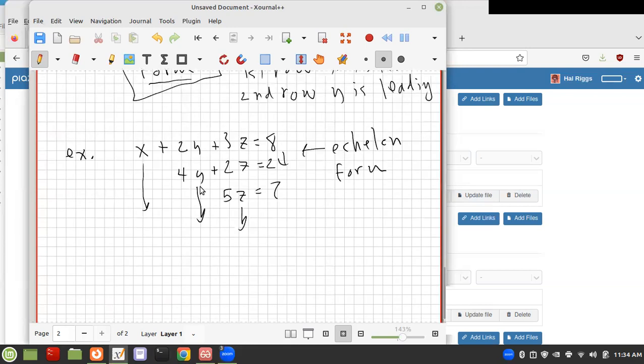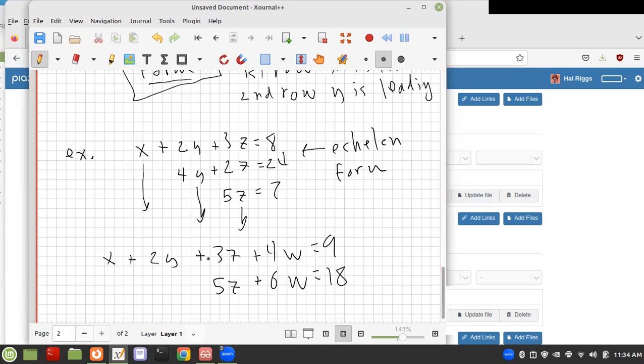Another echelon form could be X plus 2Y plus 3Z plus 4W equals 9, and then 5Z plus 6W equals 18. There's another linear system that's an echelon form. So X is leading, and Z is leading, and the leading variables have nothing underneath them. Okay?